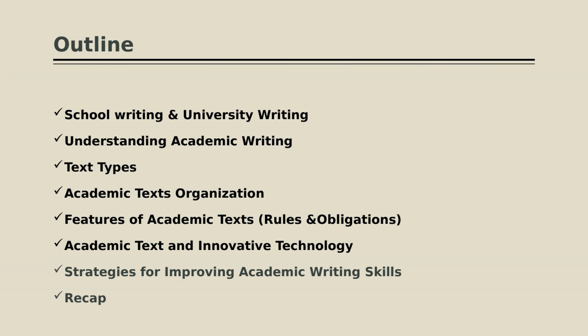And lastly, we'll be looking at some strategies for improving academic writing skills. This part is mainly a kind of advice for our participants. And I have some summary and questions to recap today's presentation.